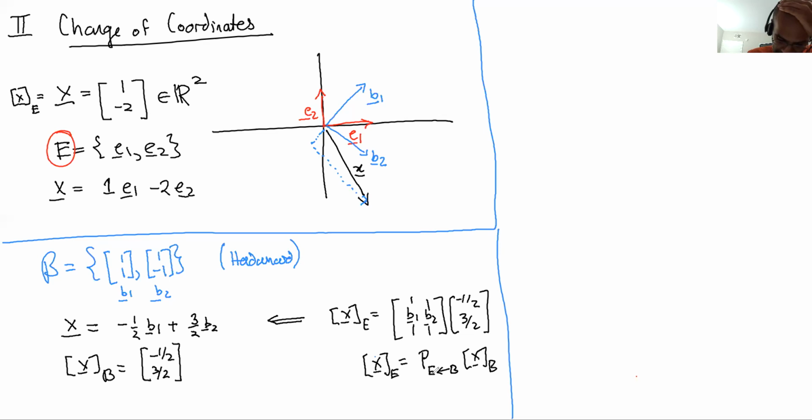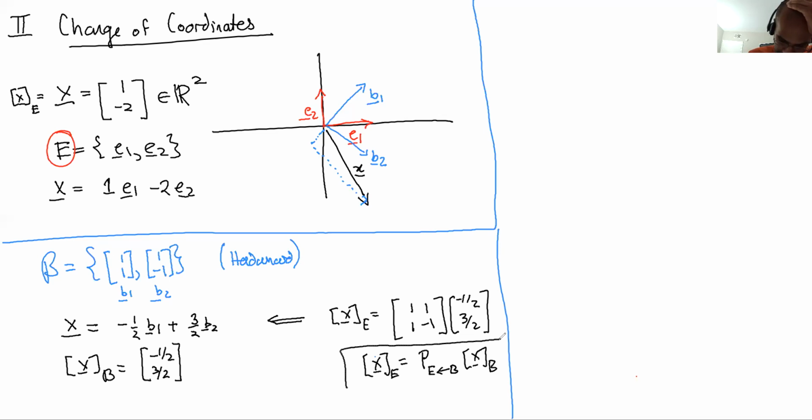Where this matrix P_{E←B} is just a matrix that has the basis vectors B1 and B2 in its columns. So in this case, I might as well fill it out. This is just going to be the matrix 1, 1, 1, minus 1.